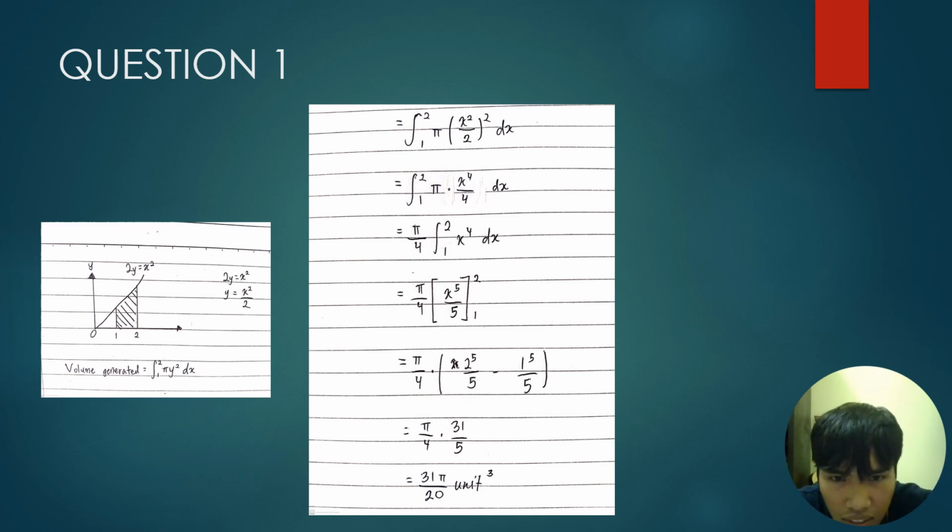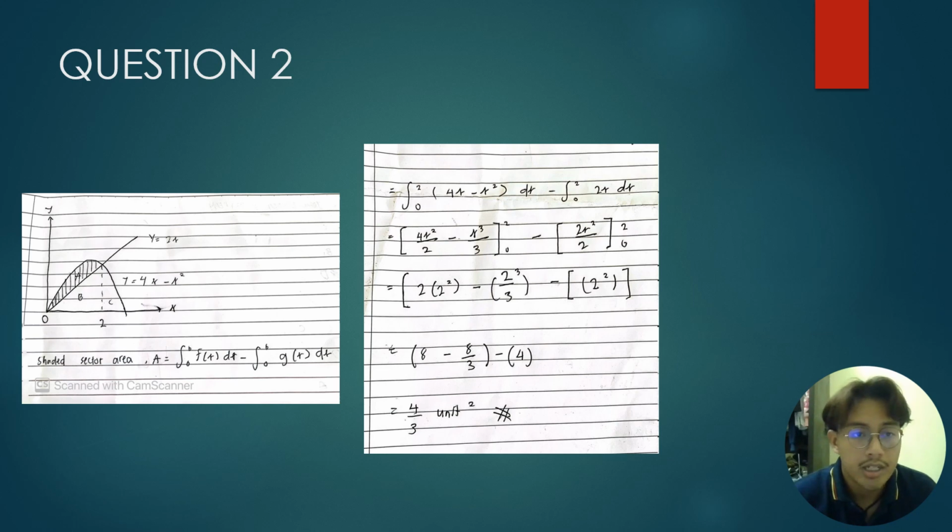So the equation goes pi over 4 times (2 to the power of 5 over 5 minus 1 to the power of 5 over 5). First thing we solve is the bracket, and then we got 31 over 5. So we multiply 31 over 5 by pi over 4. So you get 31 pi over 20 unit cubed. That's all. Thank you.